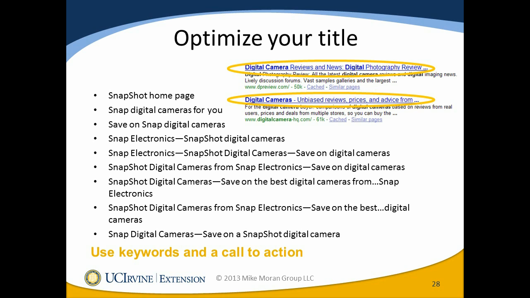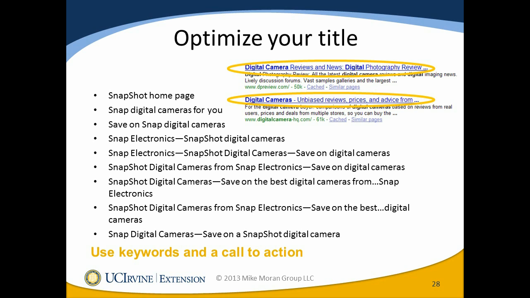If you look at this one, for the example that we go through in the textbook on the Snapshot digital cameras campaign, you can see the words digital cameras in the title. You can also see the word photography in the title. That helps the search engine to know that this is really the right subject.